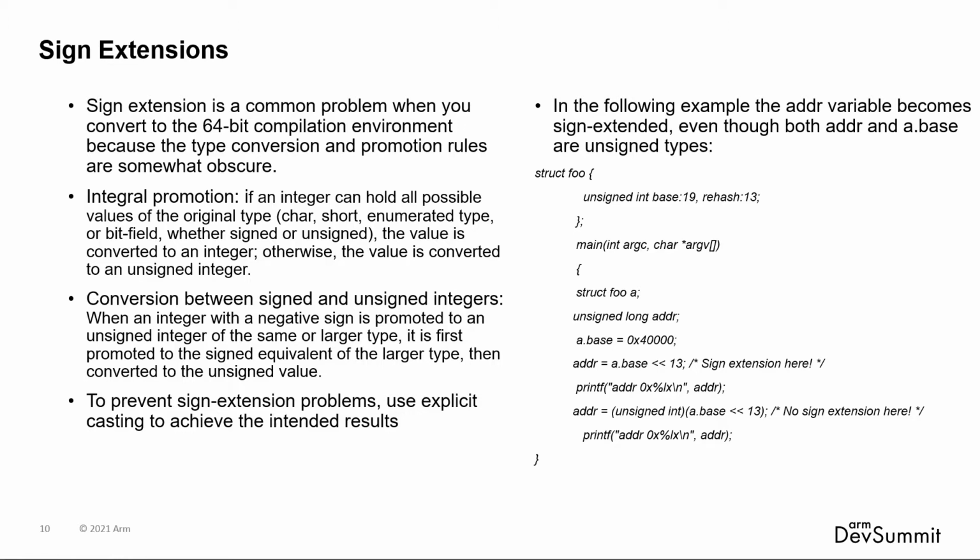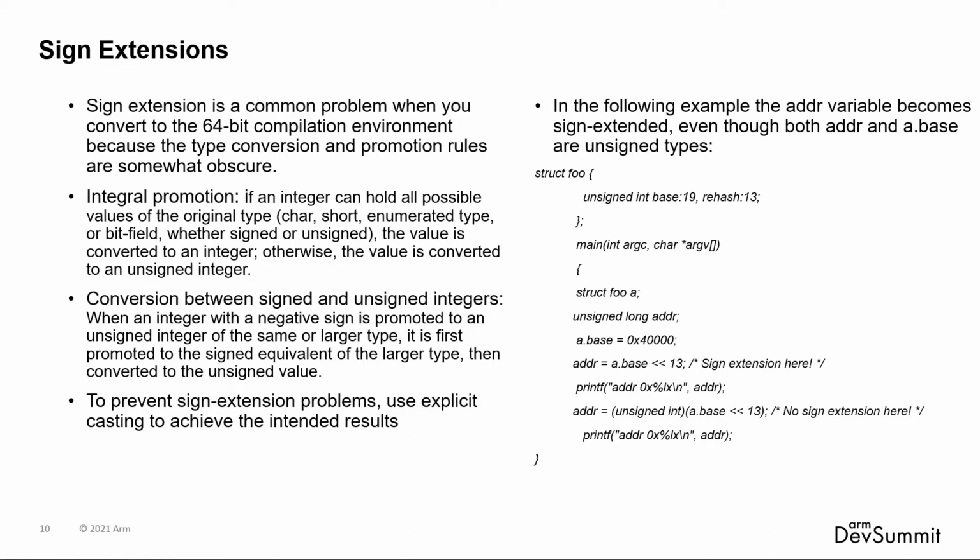Then we instantiate a structure a, and look at the element a.base, which is unsigned, and assign it to addr, which is also unsigned, a.base with a left shift of 13 positions. The problem is that because of the C rules, this is going to get sign extended. We then print that, and then print the same thing but without the sign extension operation.